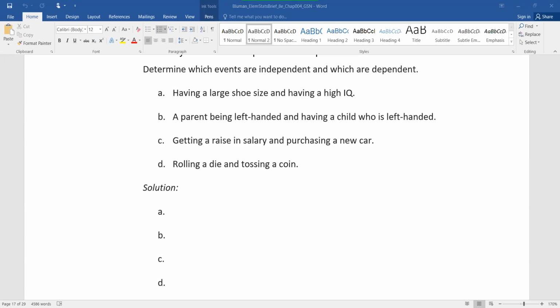So just keep note of the types of questions we could have. Part A says having a large shoe size and then having a high IQ. Independent, right? They have nothing to do with each other. So this would be independent.